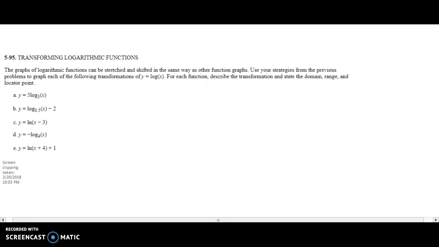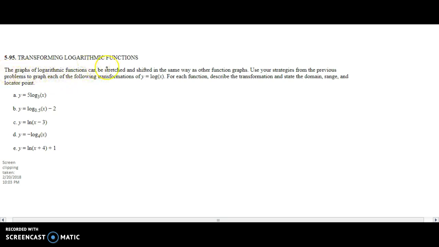And then 95, it just wants you to play around a bunch with different transformations. As I showed earlier, we had those different transformations. We have a parent function, then a transformation, and now this is just showing different transformations and how they affect different things.